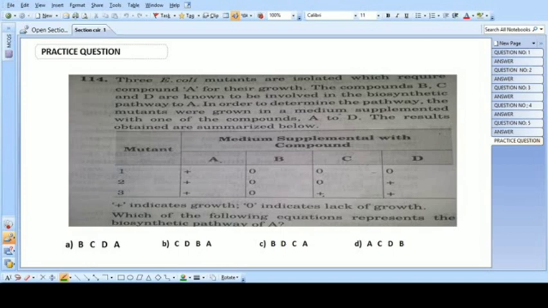The options are A, B, C, D. Option A means the pathway flows from B, C, D, A. Option B flows from C, D, B, A. Option C flows from B, D, C, A. And option D flows from A, C, D, B. And you have to comment the answer below.